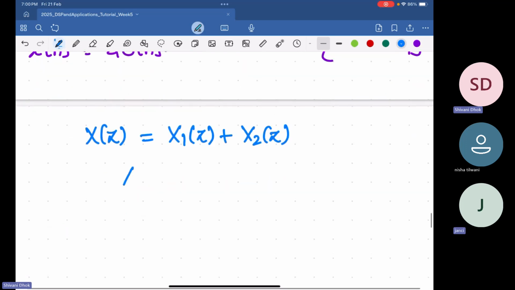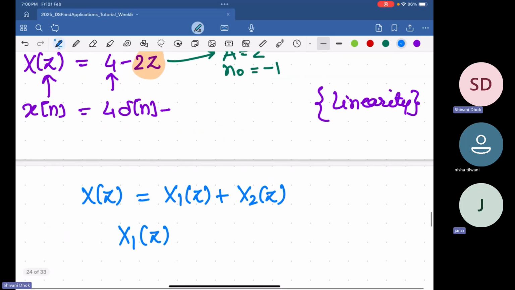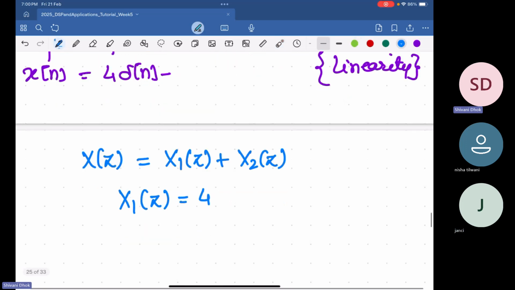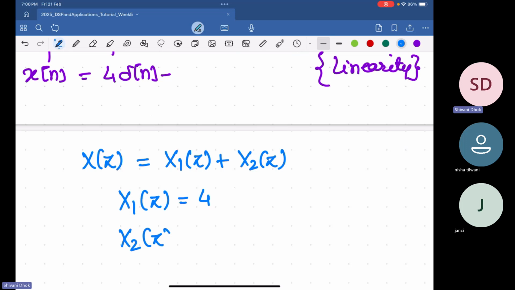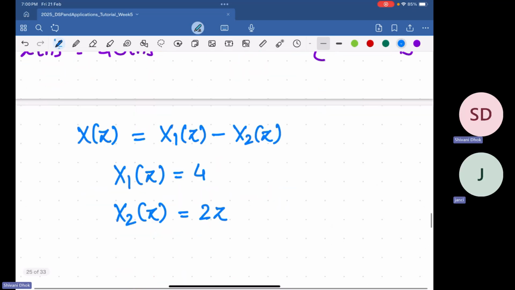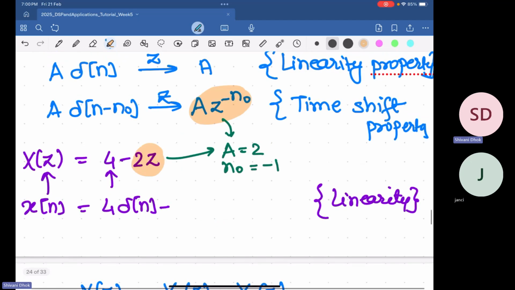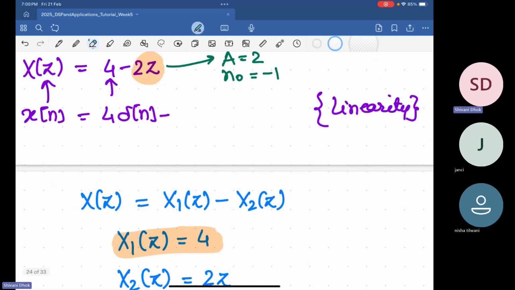Here my x1 of z is this 4, and this x2 of z is minus 2 into z to the power z. Now you just focus on this part and compare it with this. Make it the same color.